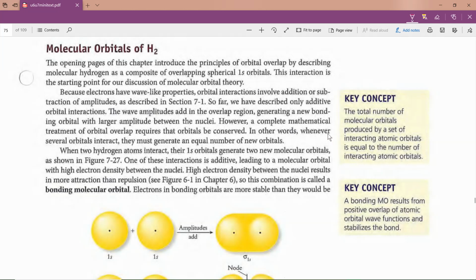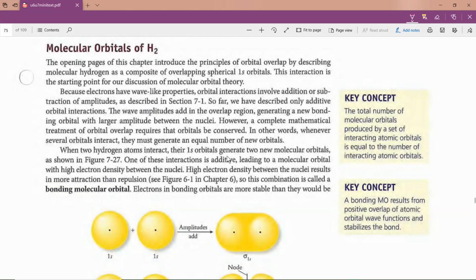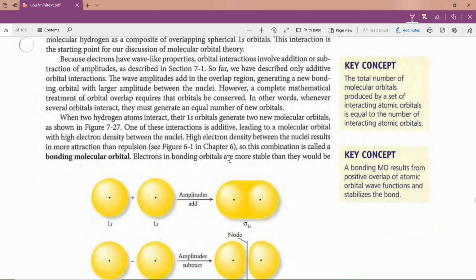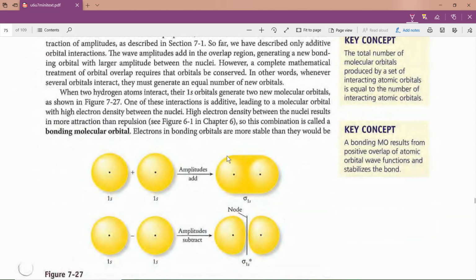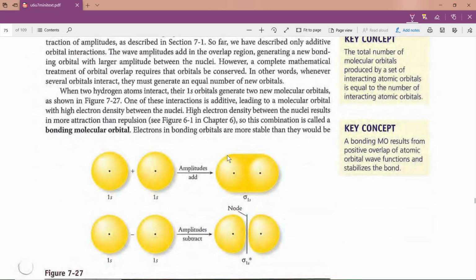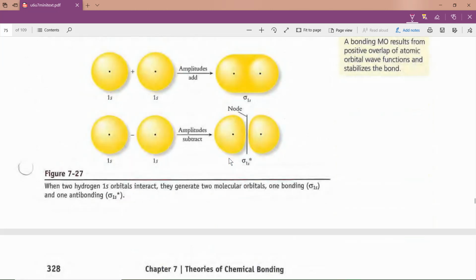So if I bring a hydrogen on one atom, its 1s orbital, up to a hydrogen on another atom's 1s orbital, then I get two molecular orbitals. And we get what's called a bonding orbital and an anti-bonding orbital.